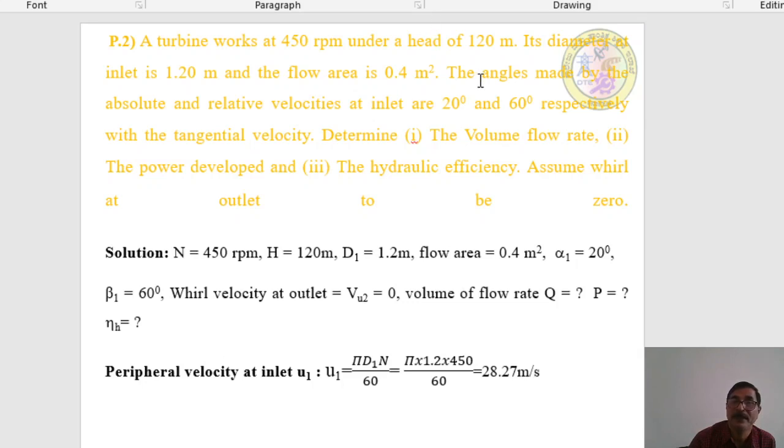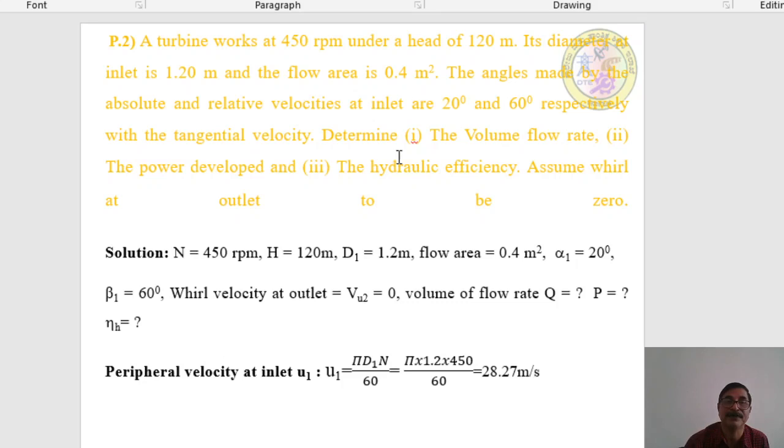The angles made by the absolute velocity, that is V1, and relative velocity, that is VR1, at the inlet are 20 degree and 60 degree respectively. So this is alpha 1 and this is beta 1.